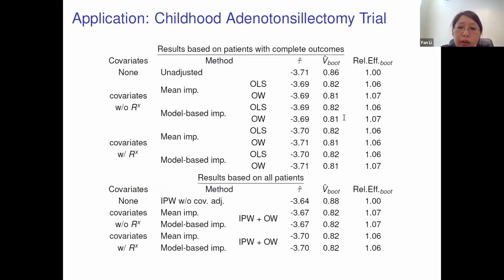So it turned out that all methods are pretty similar. There's some efficiency gain: by doing covariate adjustment, you gain around 7% efficiency. But how you do the covariate adjustment doesn't matter. It matters that you do it, okay?